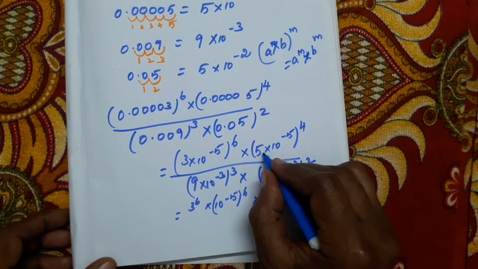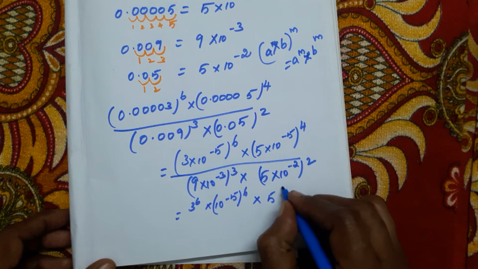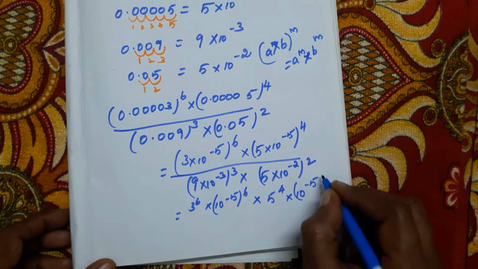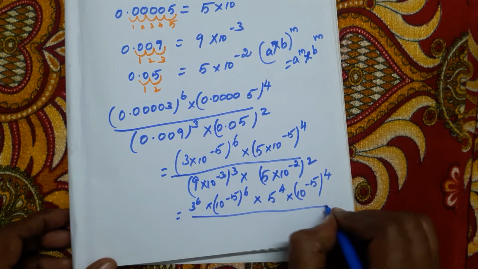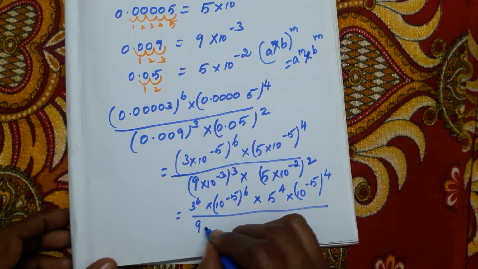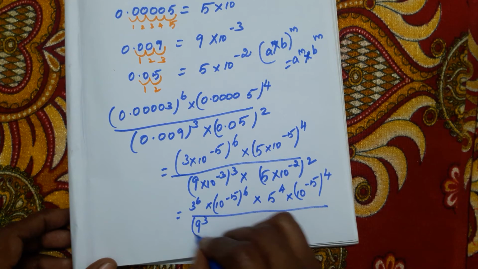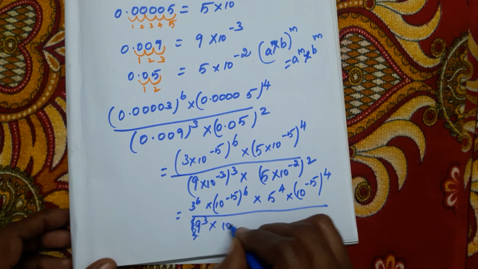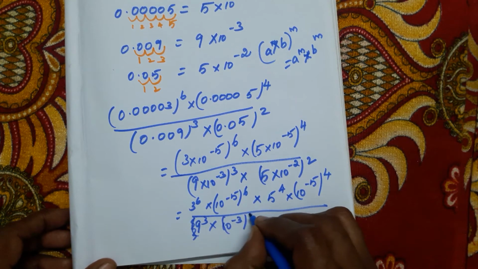Here also, when we are substituting, (5 power 4 into 10 power minus 5) the whole power 4, divided by, here also (9 power 3 into 10 power minus 3) the whole power 3.